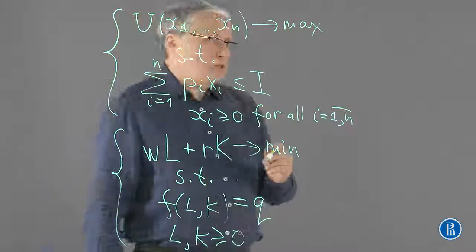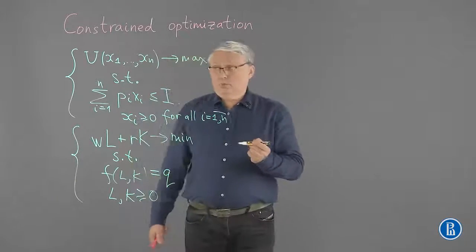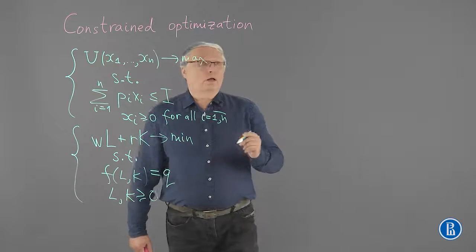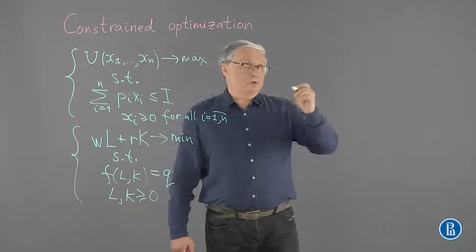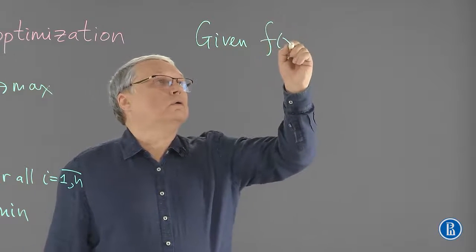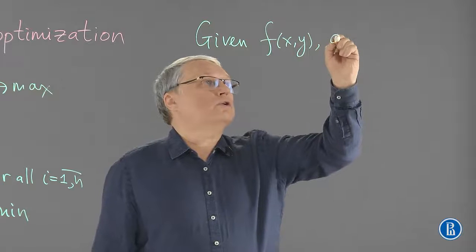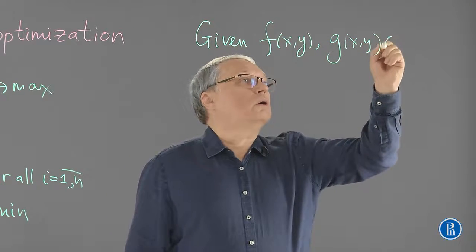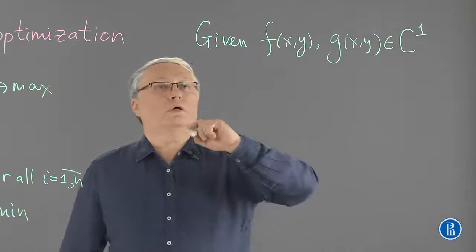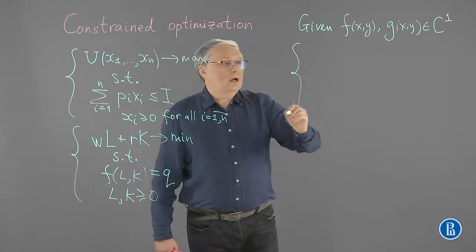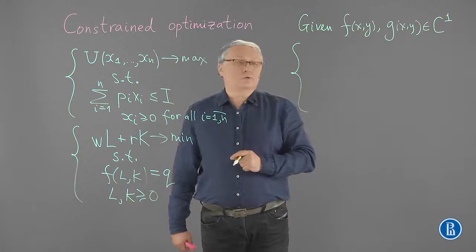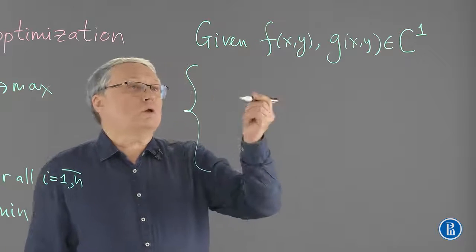And let us consider probably the simplest constrained optimization problem for a function of two variables with one constraint. We have two functions, function f and function g, which are continuously differentiable for all x and y values. And let's choose the maximization case to be concrete.